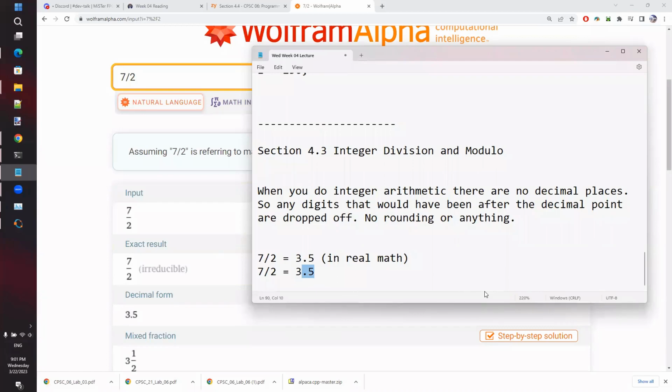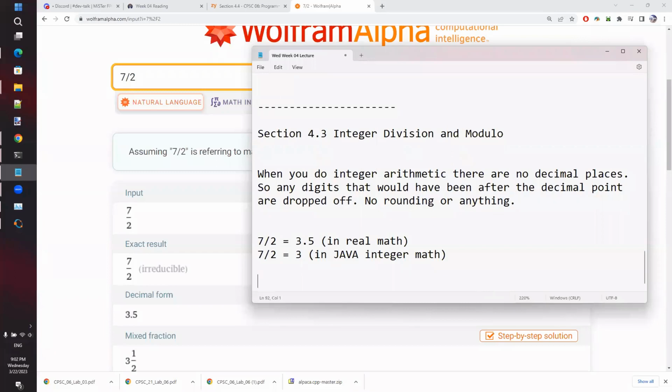So you just delete that. So in Java, with integers, 7 divided by 2 is just 3. Okay, that's just how it is.